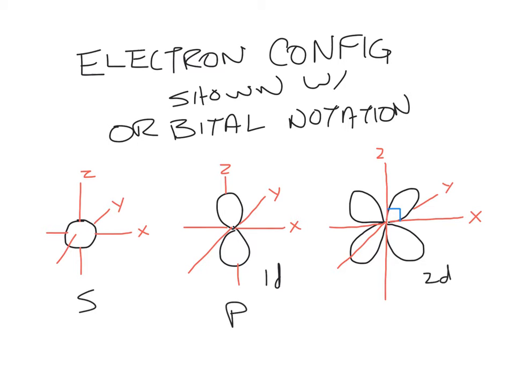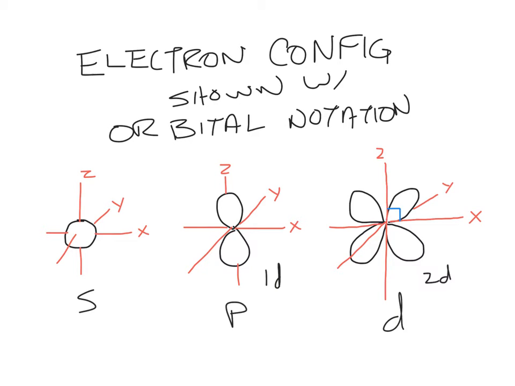There's also two other variations where it's aligned along the axes, instead of being 45 degrees offset from the axes. But it's not really important for you guys. Just know that there's like 5 different ways to arrange this one. So I've got 5 different d orbitals.